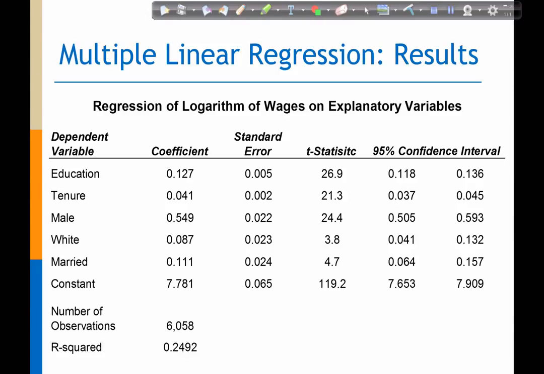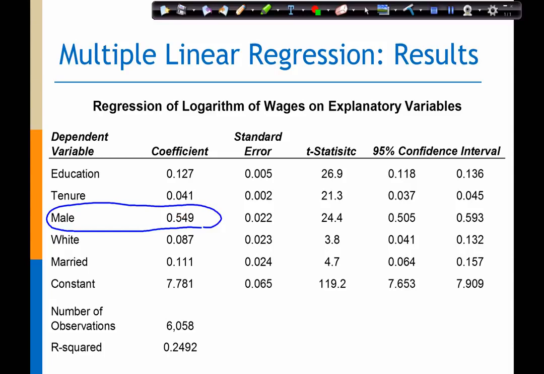So I've run a regression using these variables, and I found the following results. You can look down the row or the column that says coefficient, and why don't we practice interpreting one of the dummy variable coefficients. So let's look at the coefficient on male.